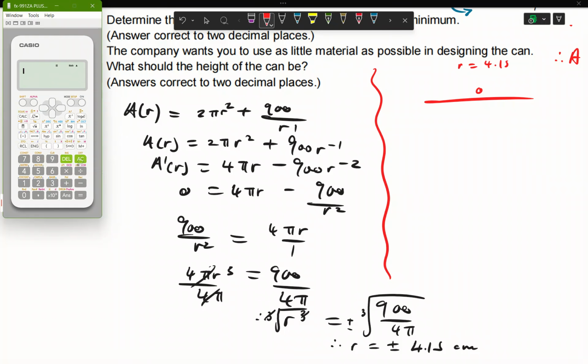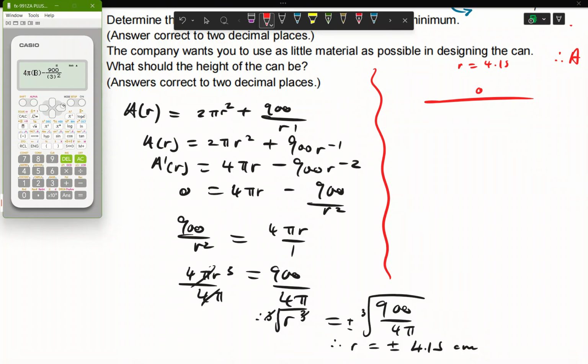So let me first write this nicely. So you have 4 into pi. Let's try 3, which is less than 4, and then minus 900 all over 3 squared. So the answer is negative.